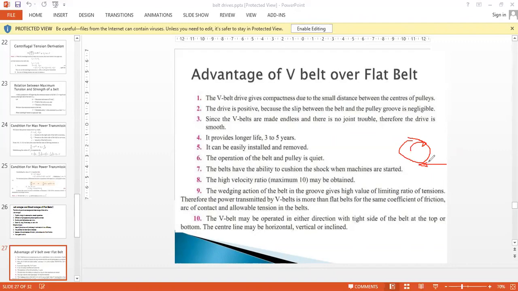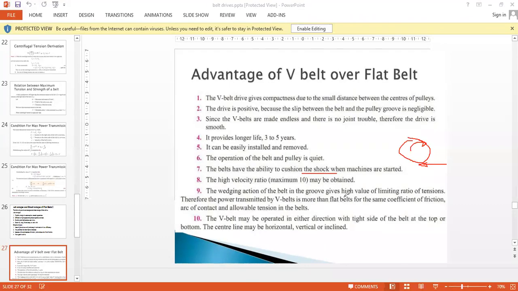This will lead to some kind of expansion on the tight side, creating a shock onto the overall belt. This has much better capability because it is made up of balata and other materials, and it will also be reinforced with wires made of steel, so that it can resist the shock. But that is not possible in open belt drives.